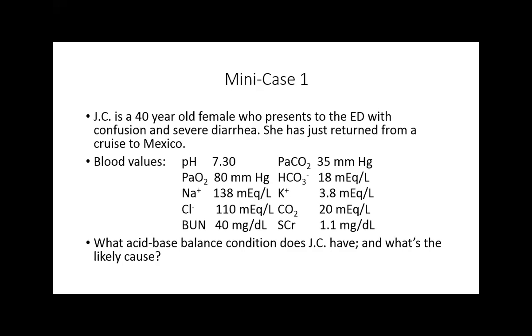We're gonna look at the gases and the bicarbonate to see what's causing that. We do know that she had severe diarrhea, so chances are we have a problem in terms of a metabolic rather than a respiratory cause for this.